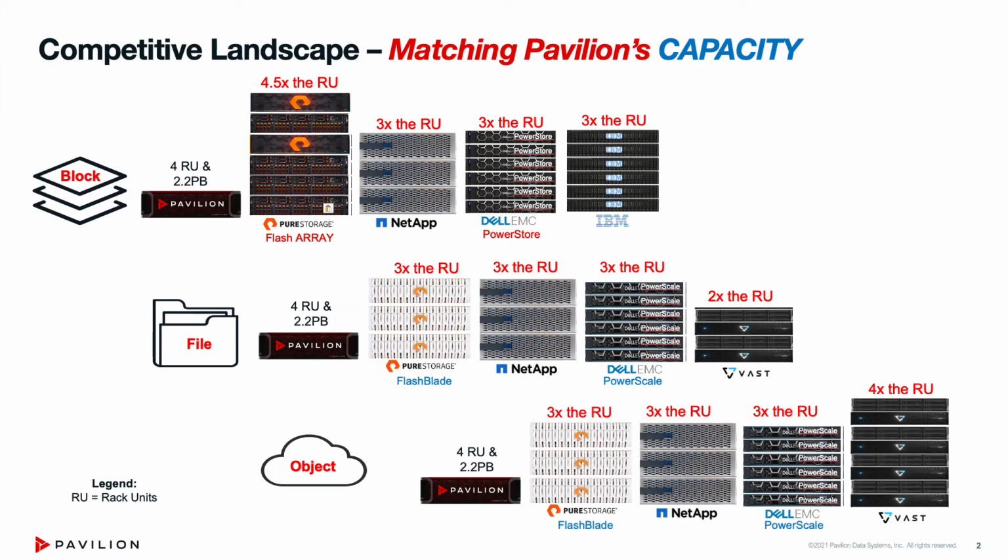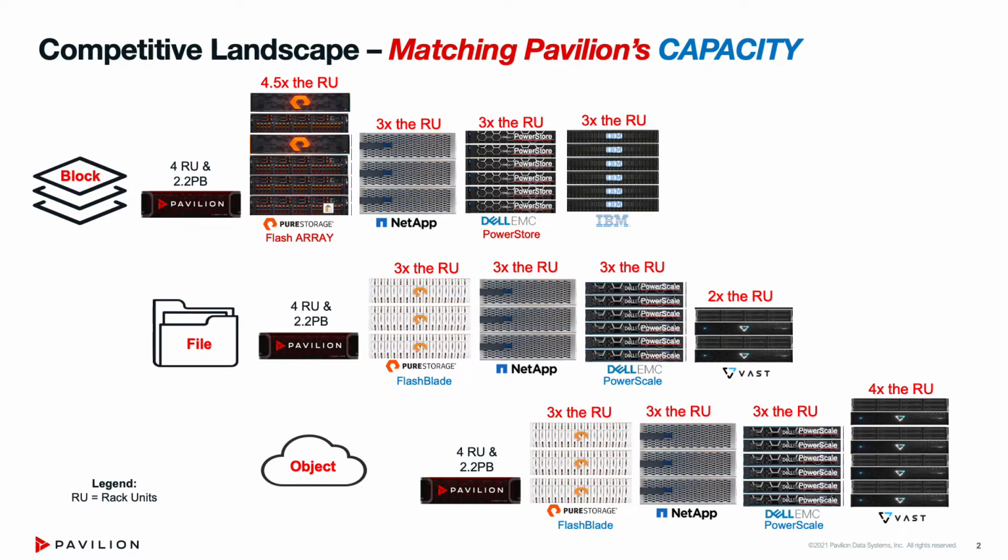So the first lens we'll look at this competitive landscape is through the lens of matching Pavilion's capacity. If we look at this from a block, file, and object perspective, we have to compare in each one of the categories because it depends. You'll also notice that many of the vendors have to have different platforms for each one of the different types of storage. So this is a high level.